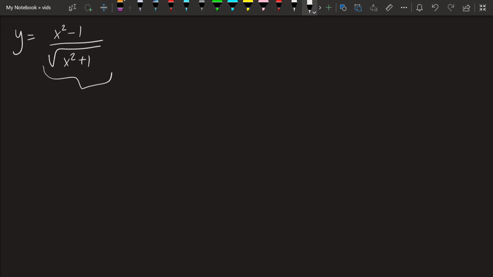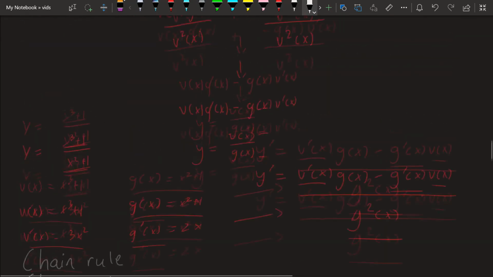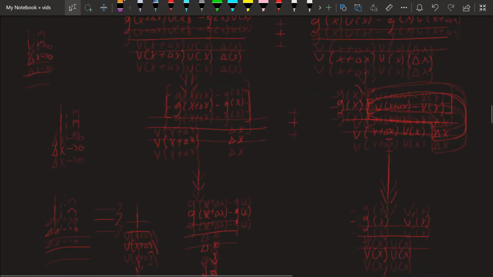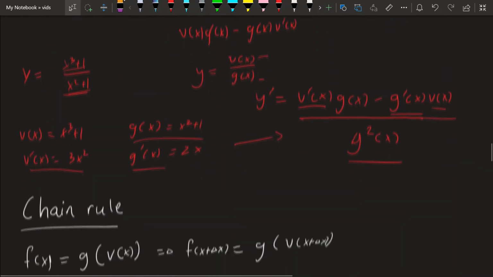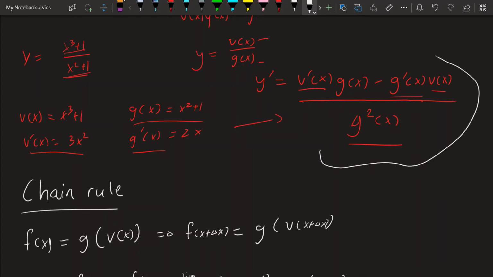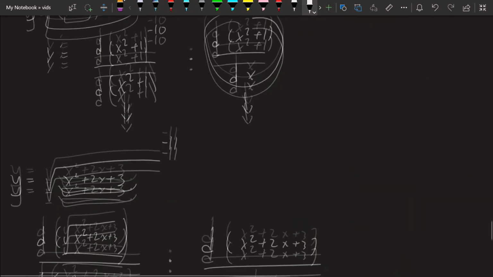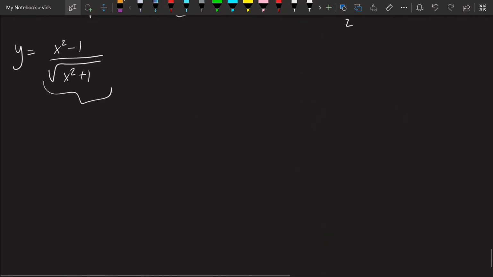I'm going to scroll up so I can show you what the quotient rule is. It's this rule right here. We have a fraction. We take the derivative of the first multiplied by the denominator, and so on and so forth. So exactly what I'm going to do here, I'm going to define the functions.